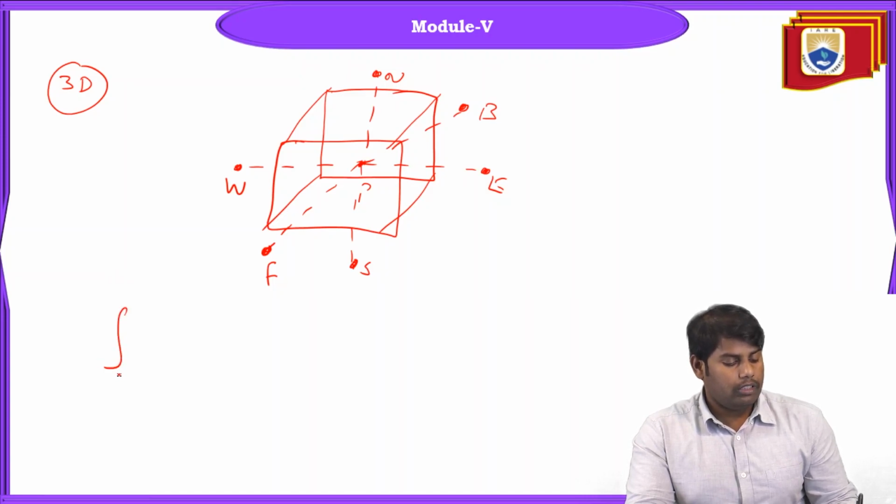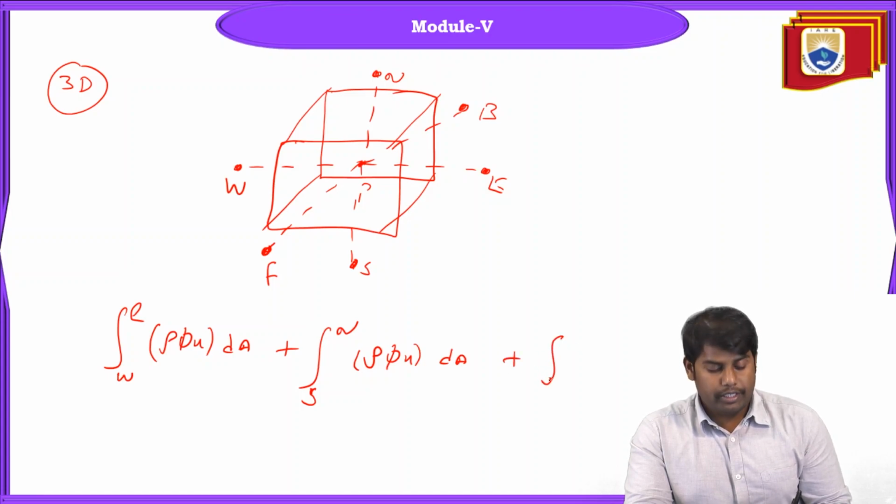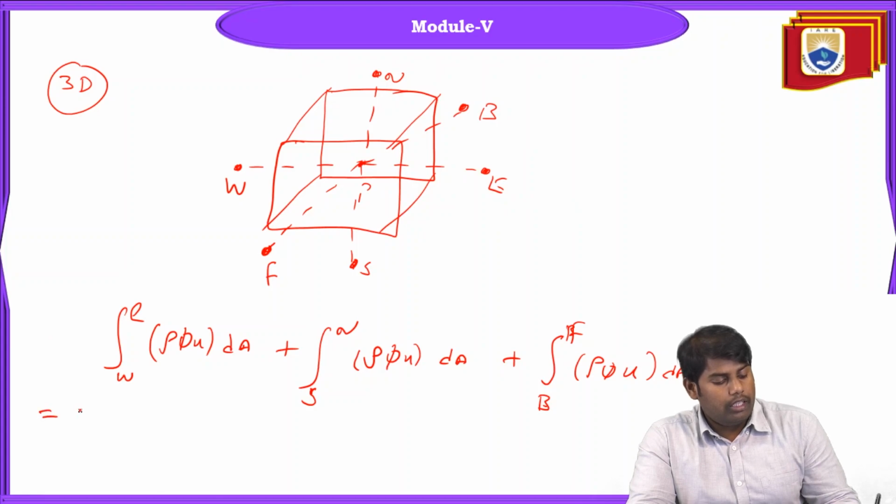So we have the integration from west to east of ρφu dA, plus south to north ρφu dA, plus front to back, or let's say we can take back to front, ρφu dA. Finally the formulation will be ρφu at e minus ρφu at w.